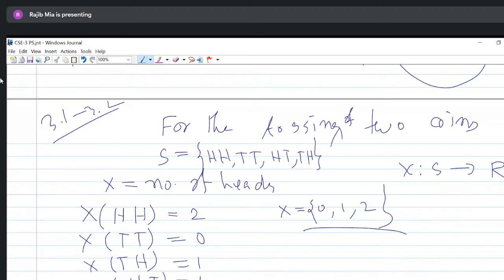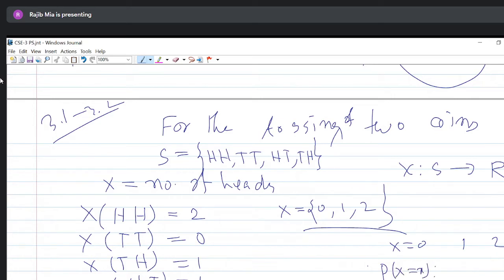Then there is a term probability distribution. The probability distribution means you have to find the probability for these values of X. Suppose X is equal to 0, then what is the probability? And the probability at X equal to 1, at X equal to 2.